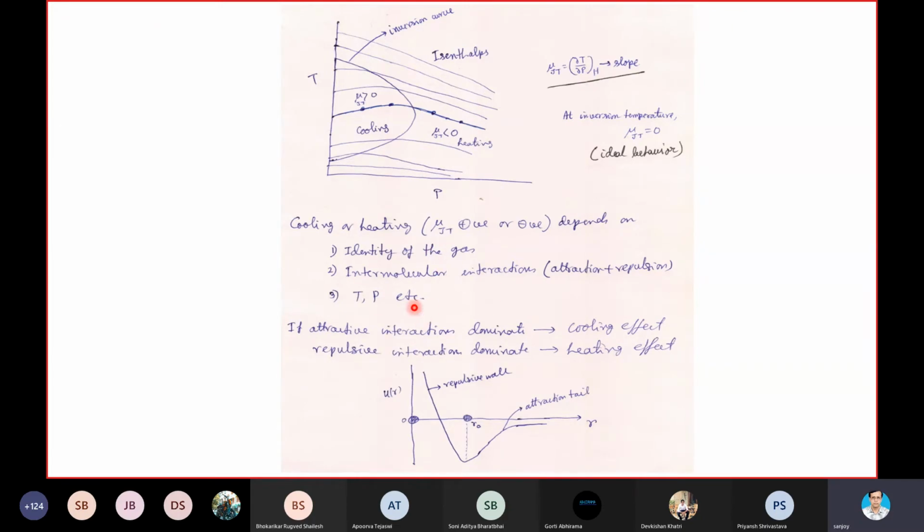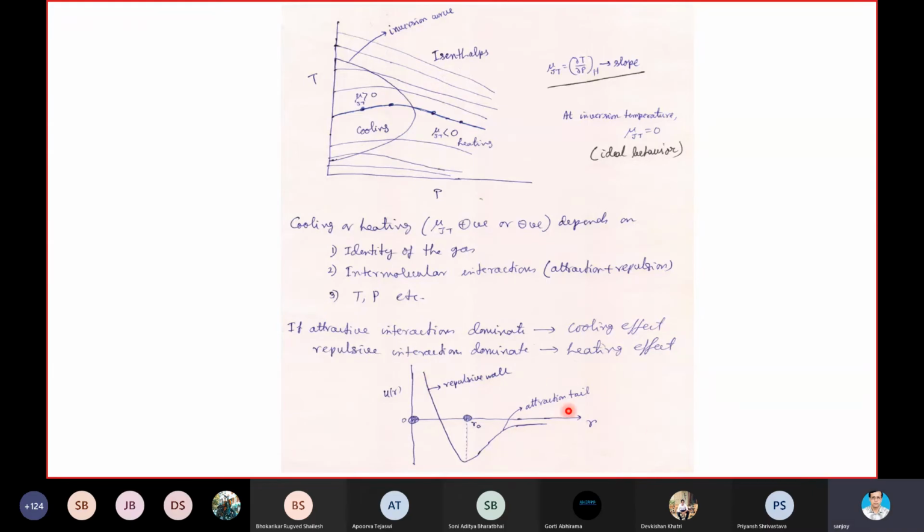One is of course the identity of the gas, and temperature and pressure. It is also important what type of interactions there are. The intermolecular interactions play an important role here. What role do they play? Say, this is a curve which in general shows how a pair of interactions happens between two particles.